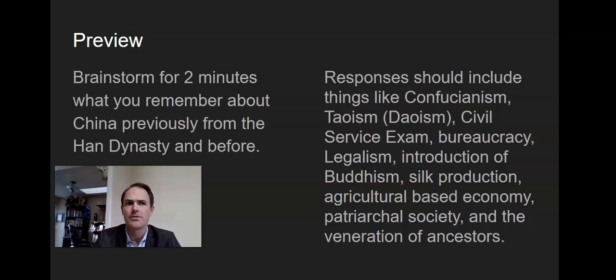And so what we're going to do is see how those traditions and systems that really took root in the classical age continued into the new era, how they changed, and then we're also going to look at some new civilizations in this time period. And then in the next unit, we're going to see more of the linkages between these various civilizations that we're going to study. But today we're studying Tang and Song China.